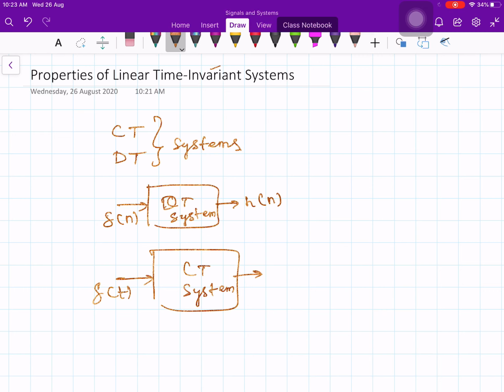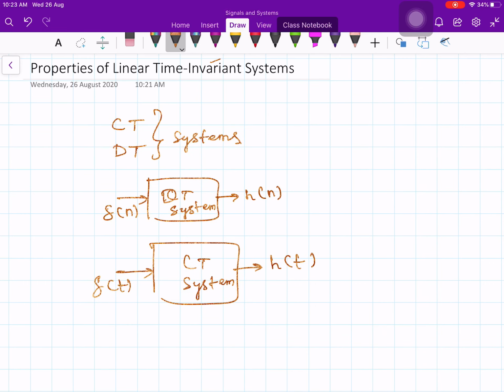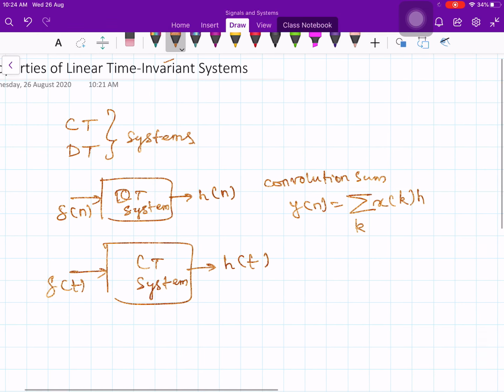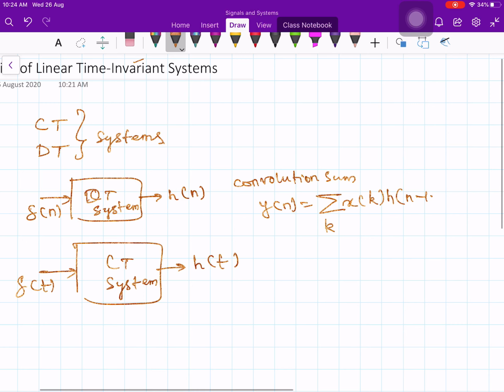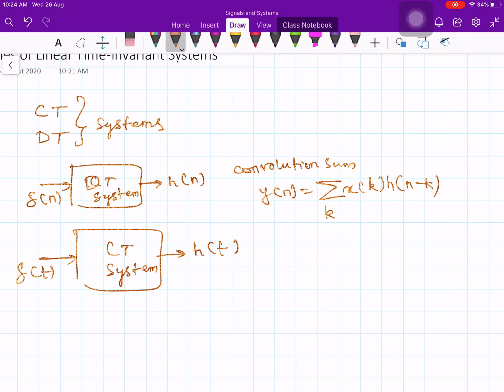The discrete time representation takes the form of the convolution sum: y of n is equal to summation over k of x of k times h of n minus k. The continuous time counterpart is the convolution integral, y of t.